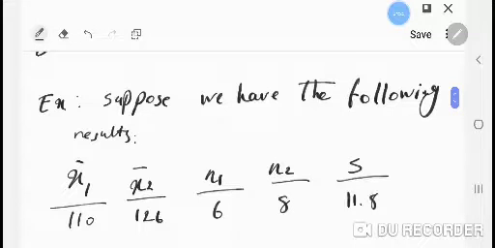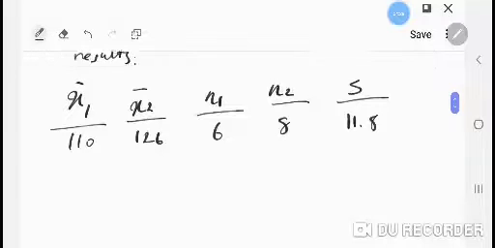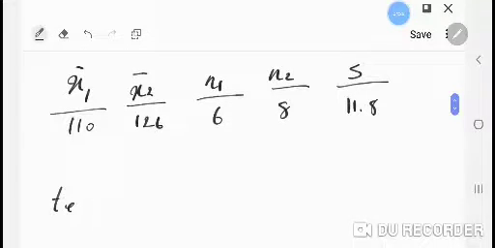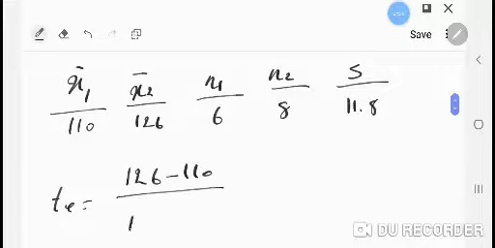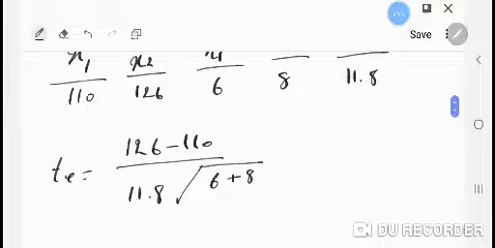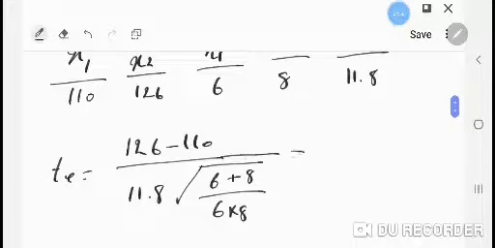The standard deviation of the data. Then t is equal to 2.51.